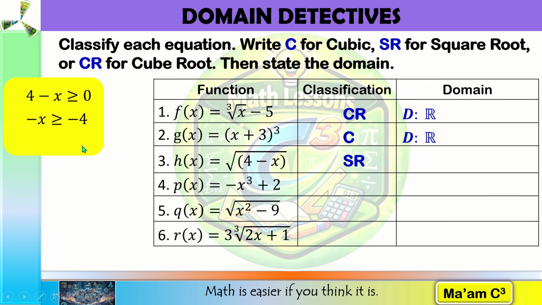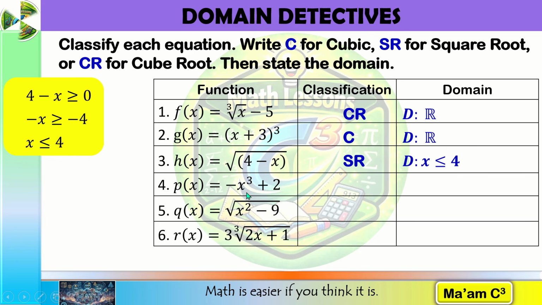And then let us divide both sides by -1. So -x divided by -1 is positive x. -4 divided by -1 is positive 4. Since there is an inequality symbol and when we divide by a negative, the inequality symbol reverses. So the answer is x is less than or equal to 4. That will be our domain.